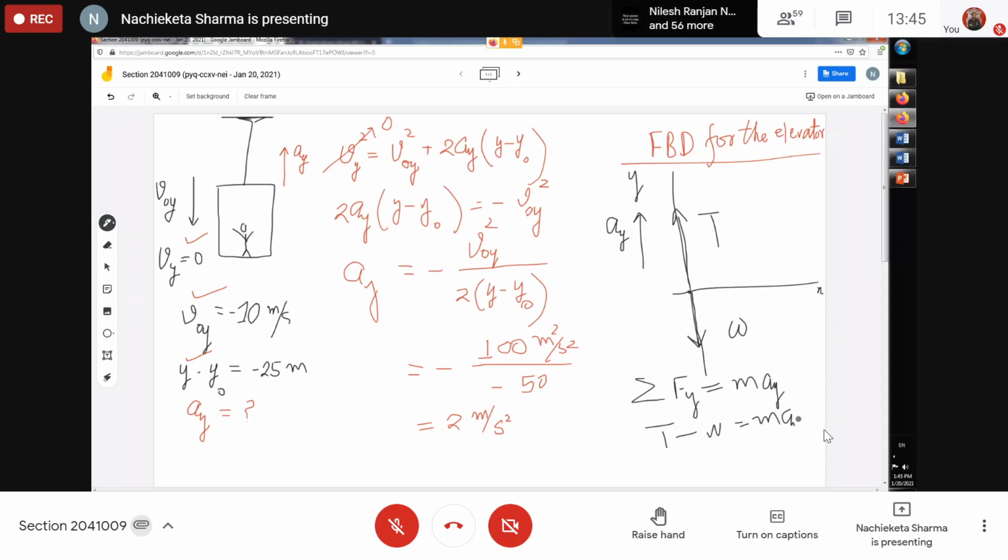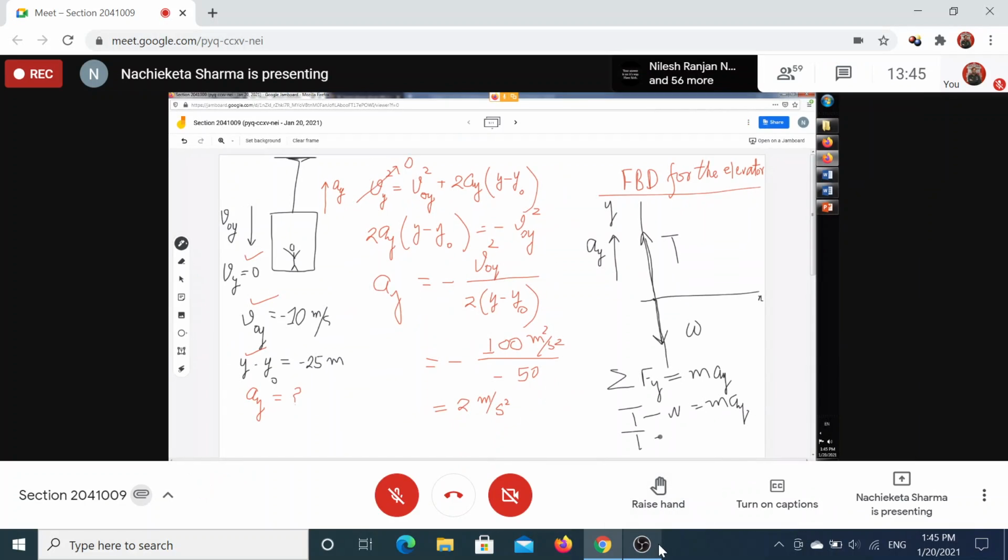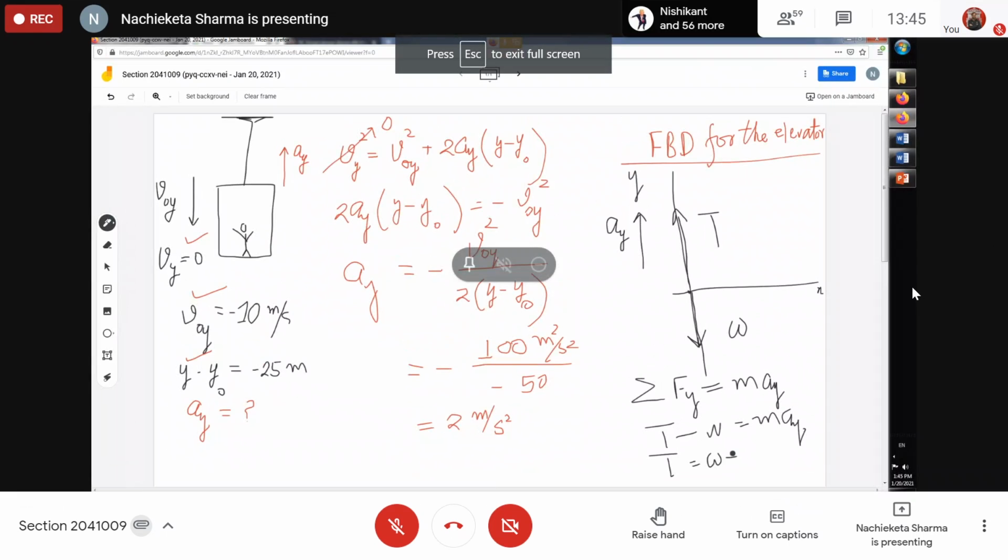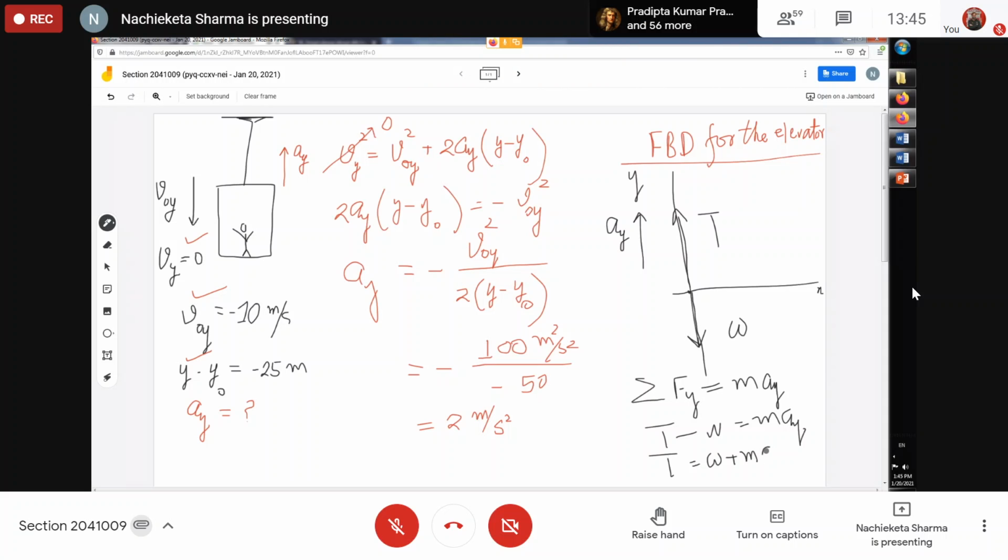Or T, the tension in the supporting cable, is equal to the weight of the elevator plus mass into the acceleration with which the elevator is accelerating. So this is a very important equation. We'll learn about this equation a little bit later, in the next problem.